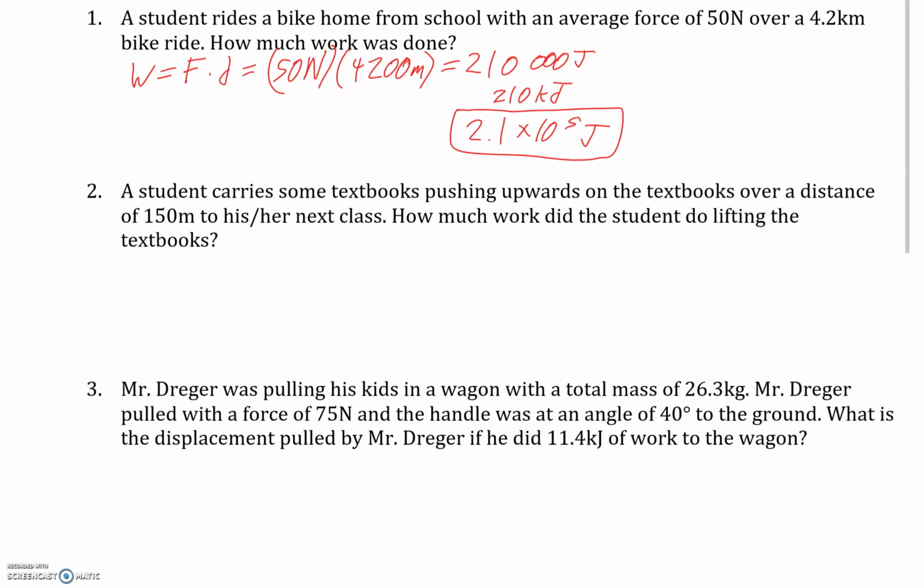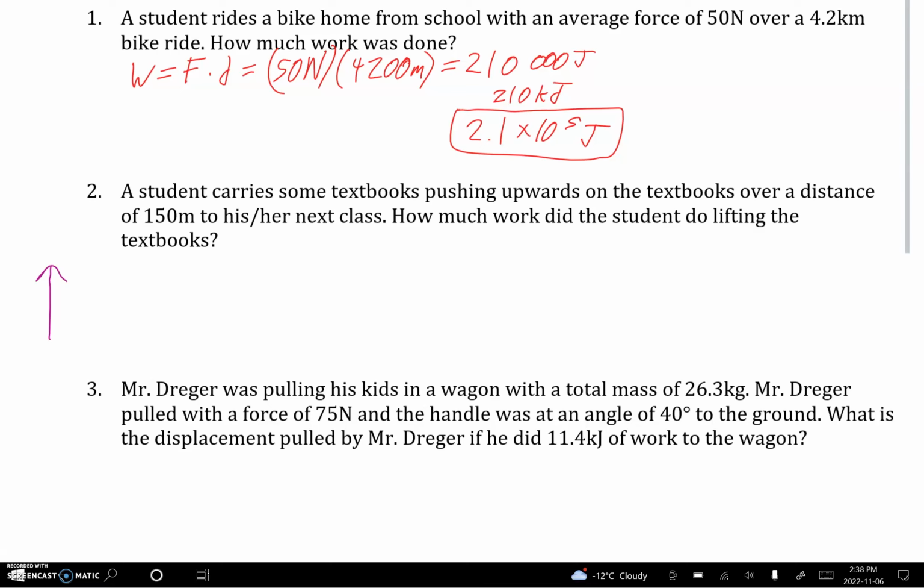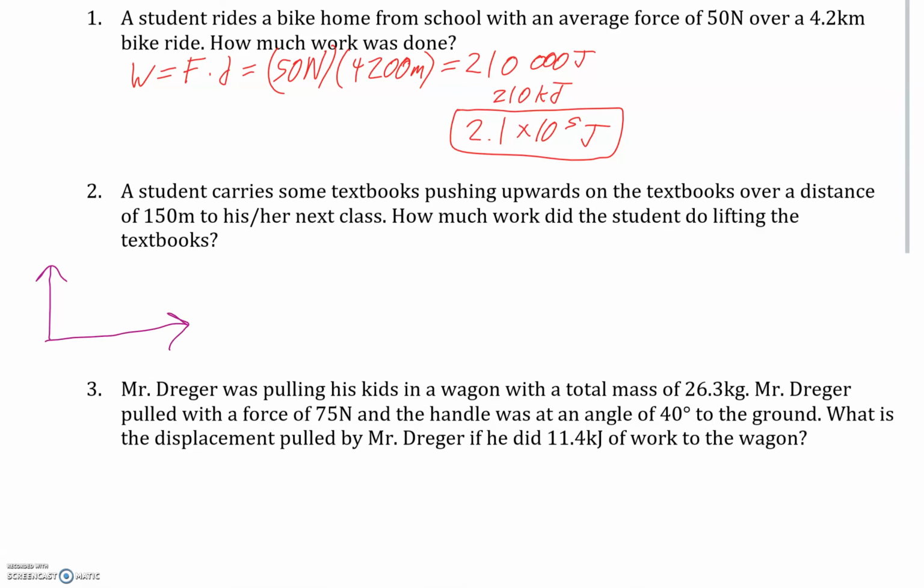All right, let's take a look at another one. A student carries some textbooks, pushing upwards on the textbooks, and carries it a distance of 150 meters. Well, if they're pushing upwards and they're carrying it horizontally, then the direction of force is actually in a completely different direction from the direction of movement. Since that is a 90-degree angle, cos of 90 equals 0, and therefore the work done is 0.